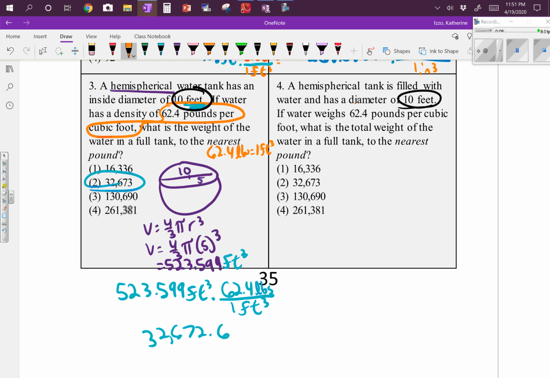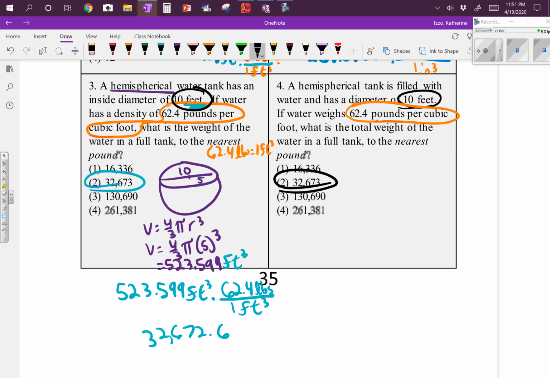Water weighs this much per cubic foot versus if water has a density of this much per cubic foot. Okay, so that's the same. What is the total weight to the nearest pound? Or what is the total weight of the water in a full tank to the nearest pound? Guess what? They're the exact same question.